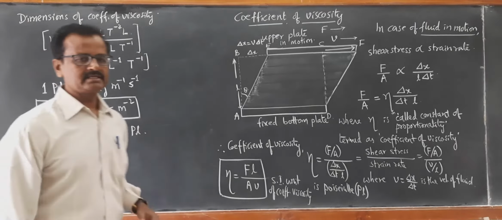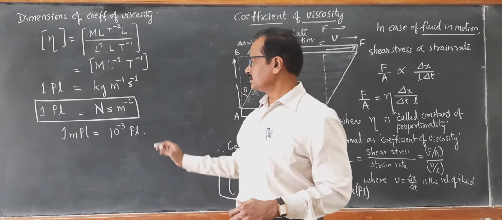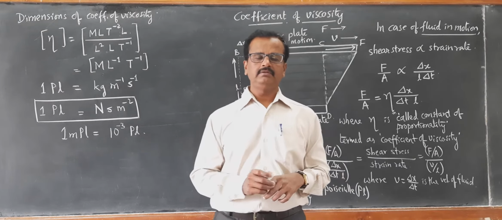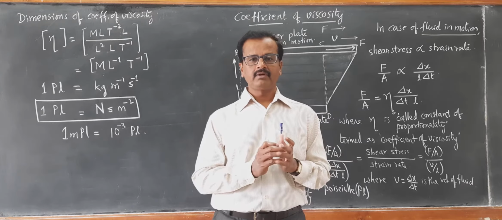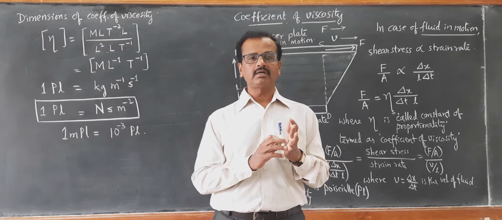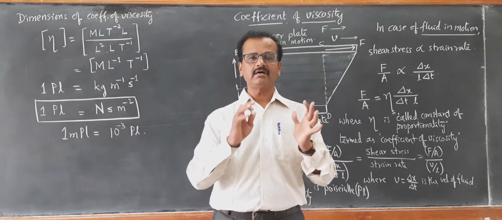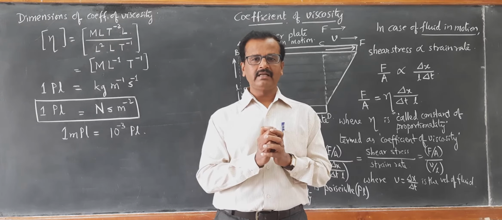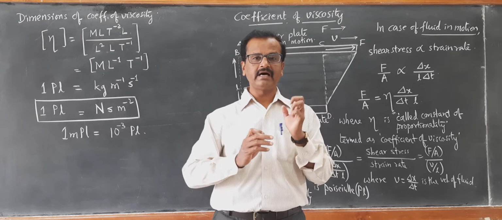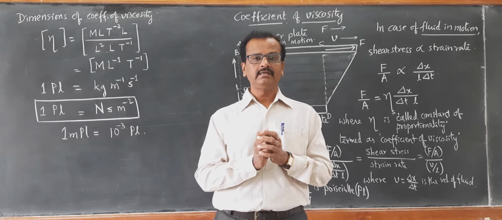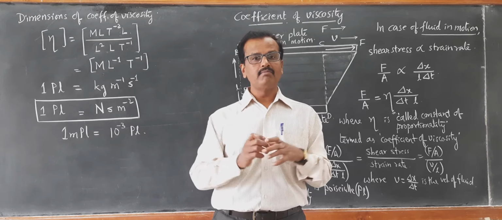Let us see some examples of the viscosity of liquids. For example, the less viscous liquids, as we discussed yesterday, are kerosene, water, alcohol. Then glycerine, honey, coal tar are thick liquids, which are more viscous.